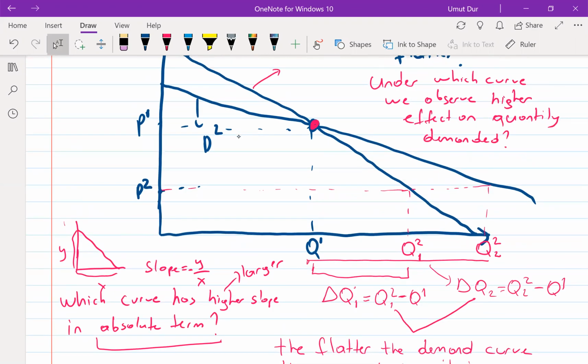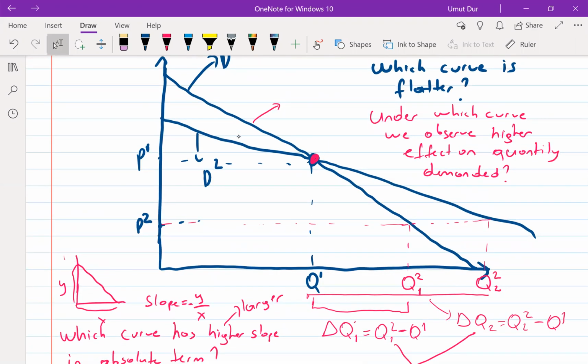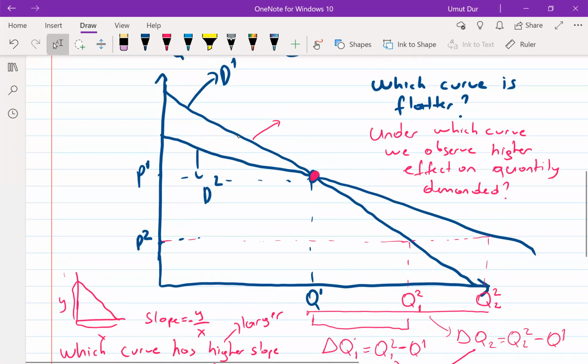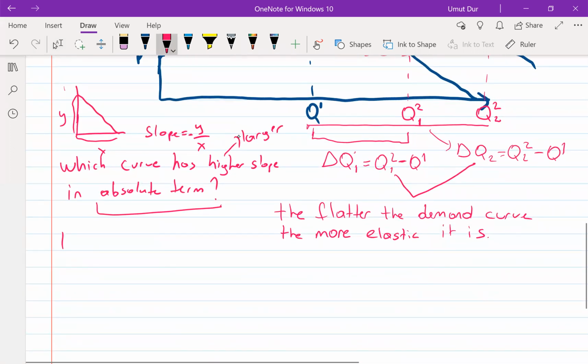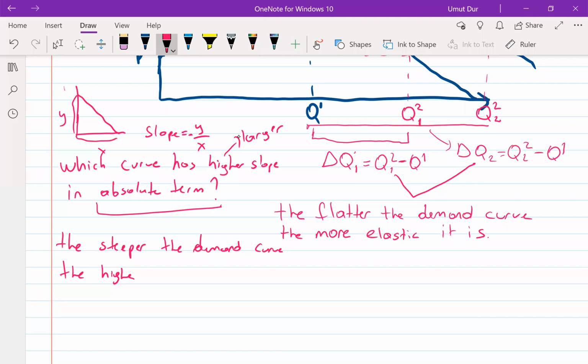So what about these two curves? Which one has the higher slope? It will be D1. So the steeper the demand curve, the higher the slope in absolute value.